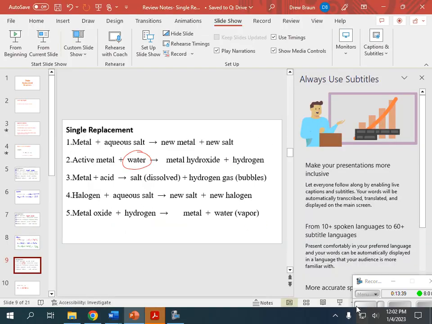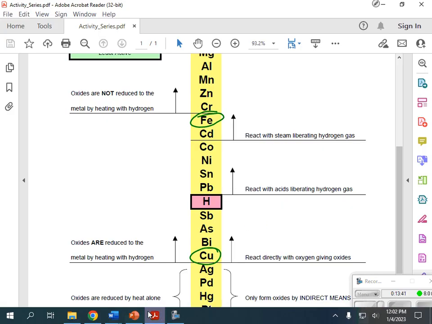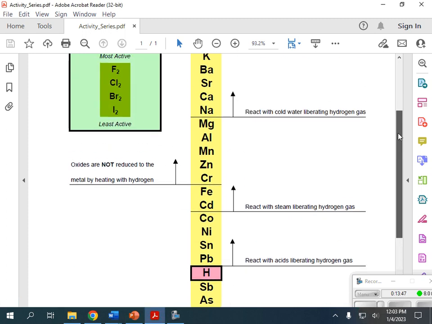Well, I need to go back to my activity series here, okay? And I see right here that there's a line that says, reacts with steam, liberating hydrogen gas. That means giving off. Liberating means giving off. So, does this fit the bill? Is chromium above that line?